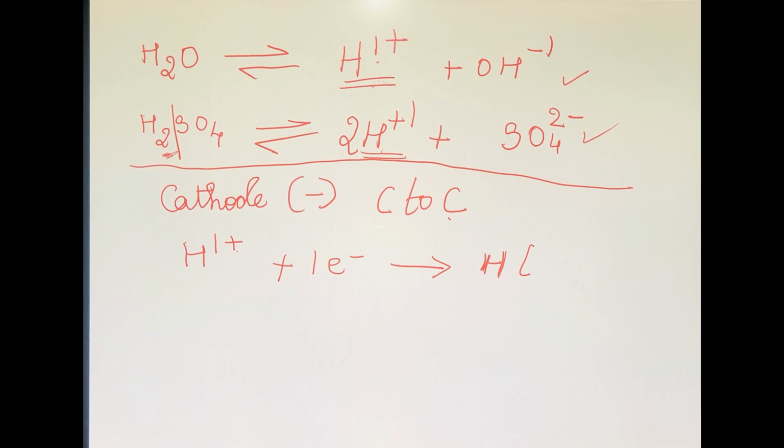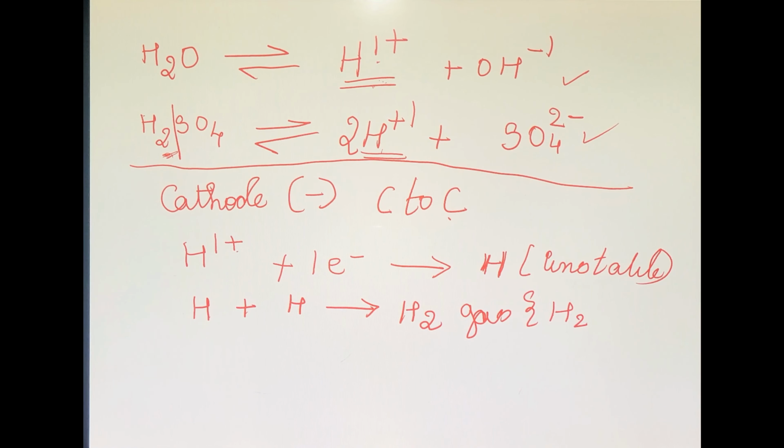No. It is highly unstable. So what does it do, children? The moment it forms an H, I know my H is unstable. So it will immediately combine with another H and form H2 gas. Clear? So what will be released at the cathode? Please remember, hydrogen gas will be released at the cathode.